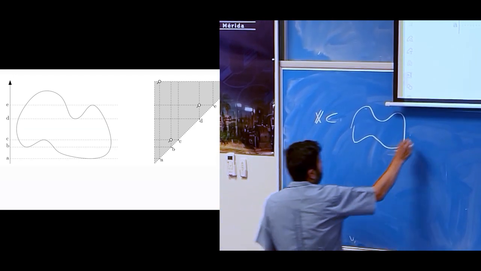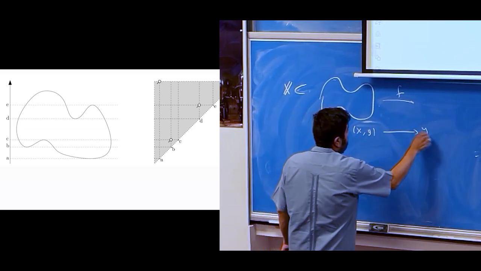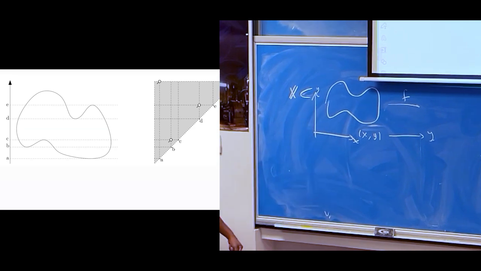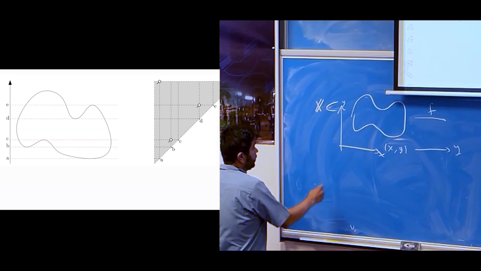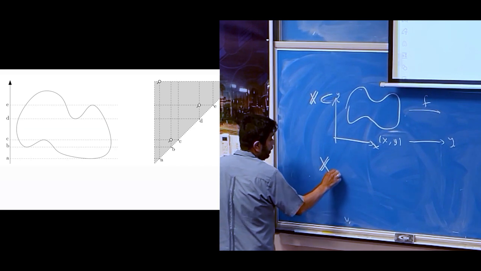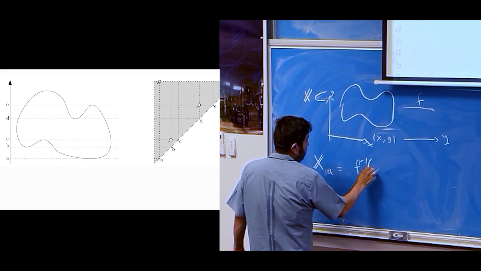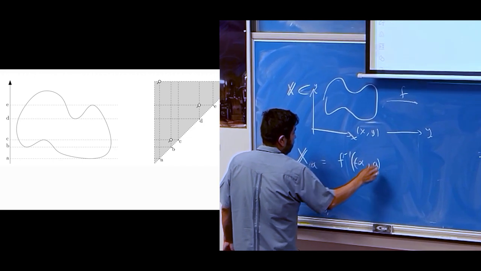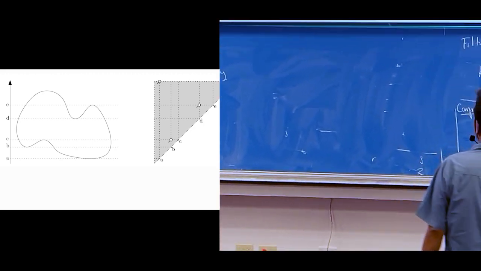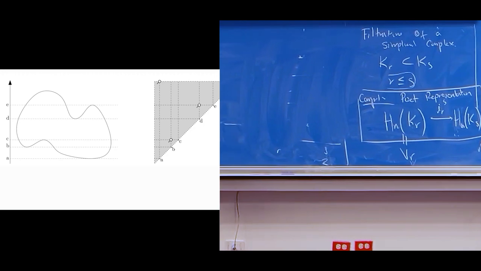And we are thinking about this function that maps points here, in XY coordinates, to what? We are thinking about the filtration X sub A as the preimage of minus infinity to A. So this is a filtration of spaces.